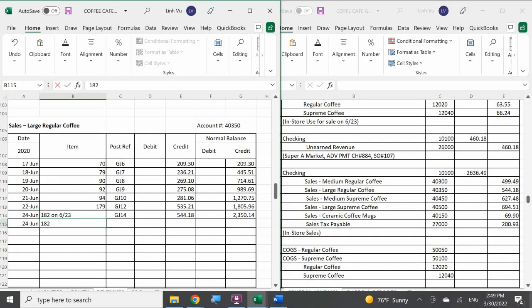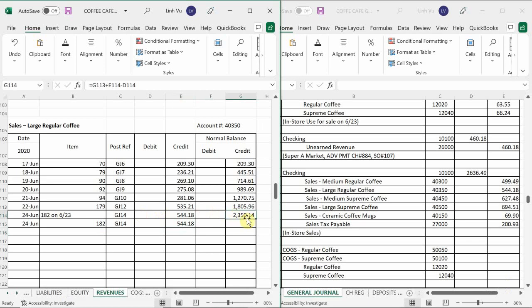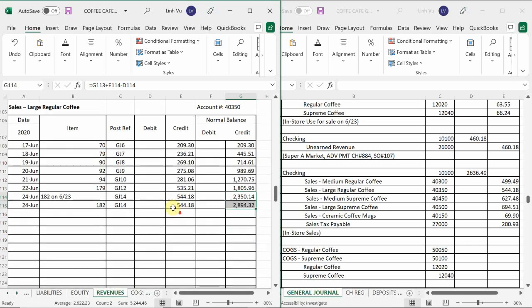We sold 182, for the $544.18. Okay. So what's my account balance? $2,894.32. Good.